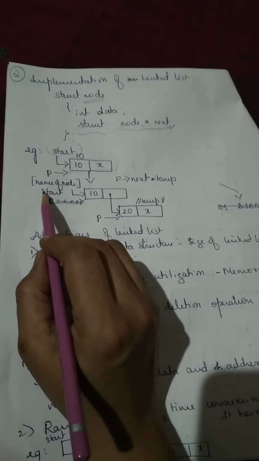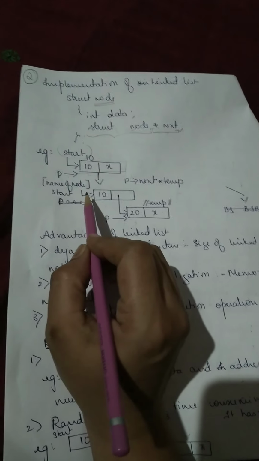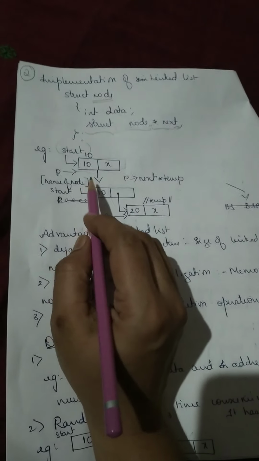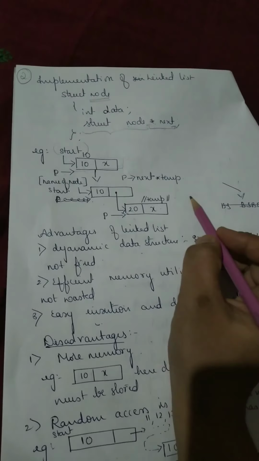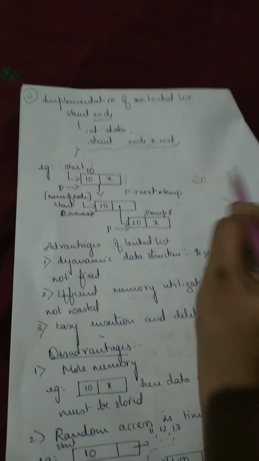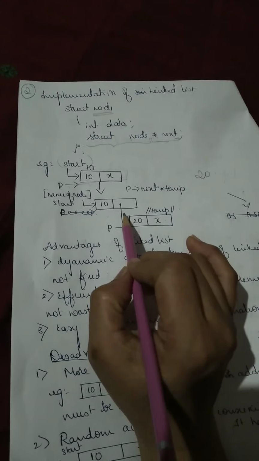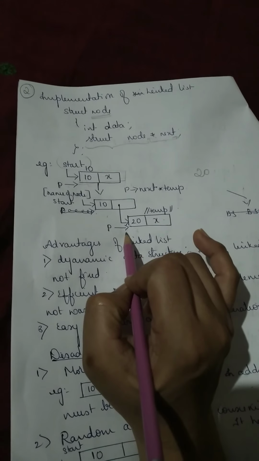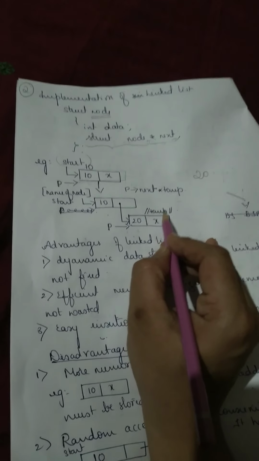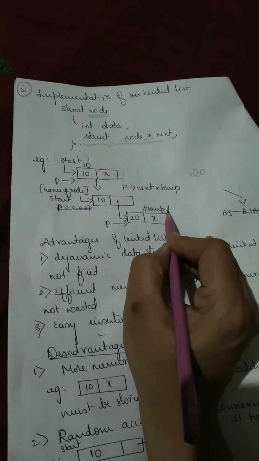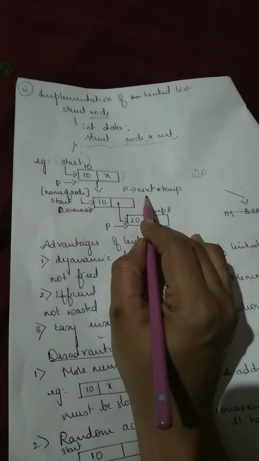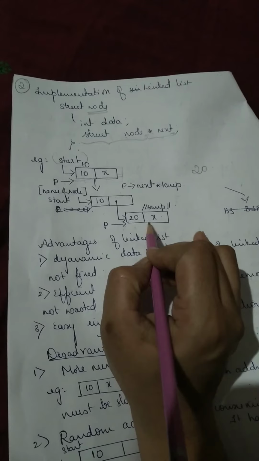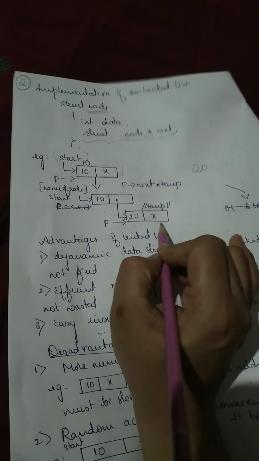So if I want to add one more node, say for example 20, first I need to create a node, right? So I'll name it temp, and p should point to next star temp, right?